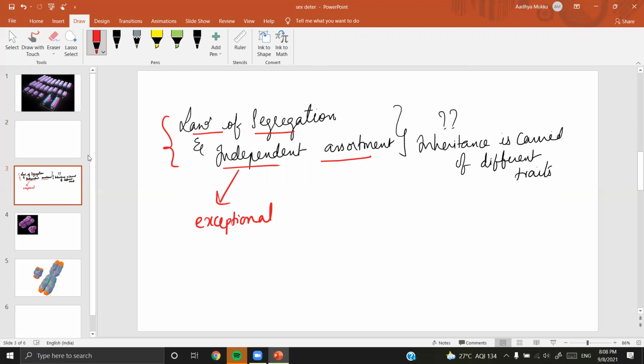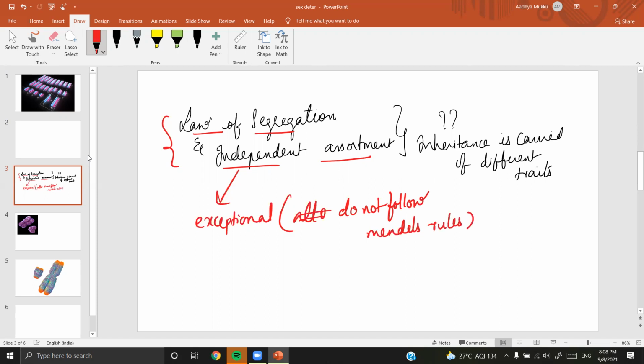We call them exceptional cases, or extensions, which do not follow Mendel's rules of inheritance of characters.